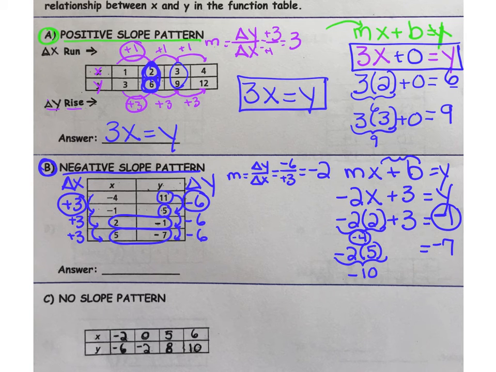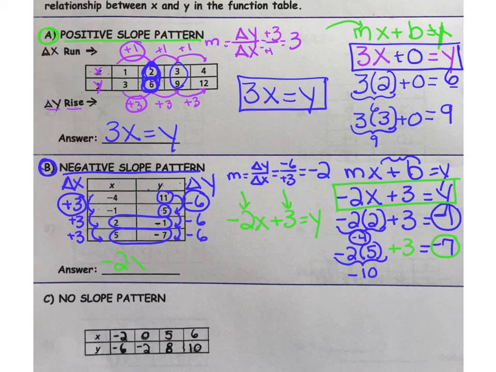And if you think about it, if you add a positive 3, you will arrive at an output of negative 7. So our equation is negative 2 times x plus 3 equals y. Clearly we have a negative slope of negative 2, and our intercept is a positive 3.